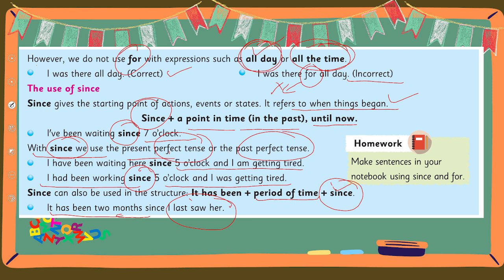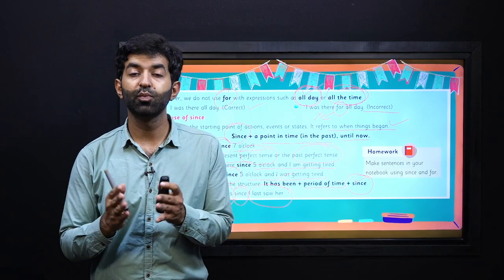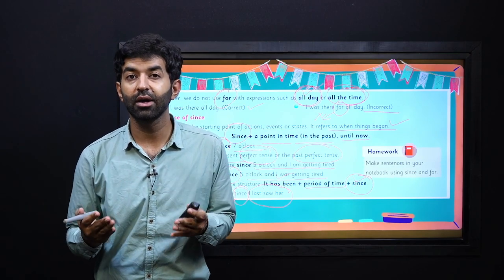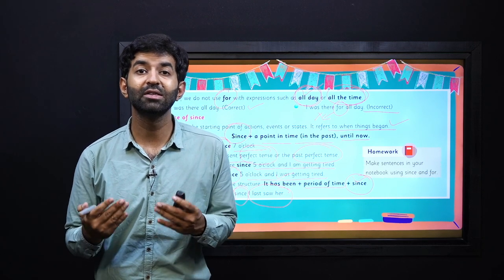Now, we mentioned "it has been," then we mentioned the period of time, 2 months, and then we added "since," and then the rest of the sentence. So you can use both these structures correctly when you are using "since."